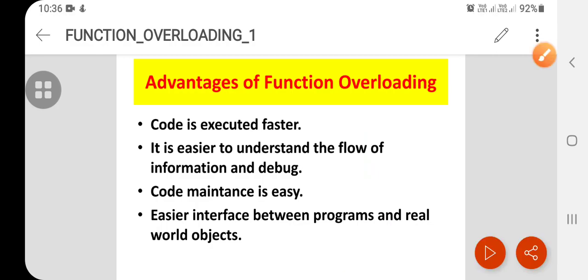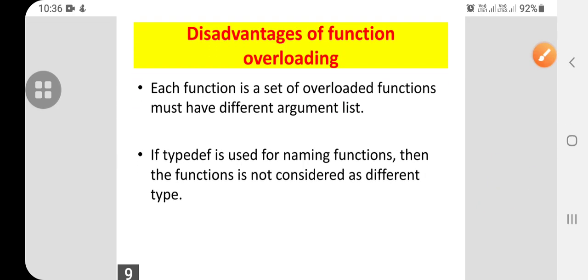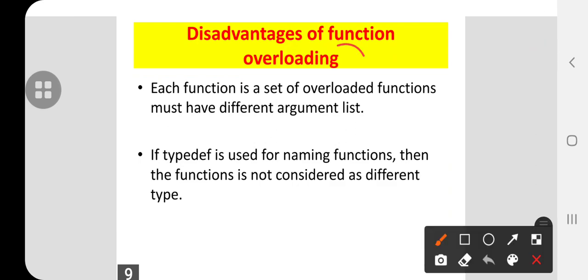Okay students, if there is an advantage, there should be a disadvantage also. Let us discuss the disadvantages of function overloading. Each function in a set of overloaded functions must have a different argument list. Is it right?